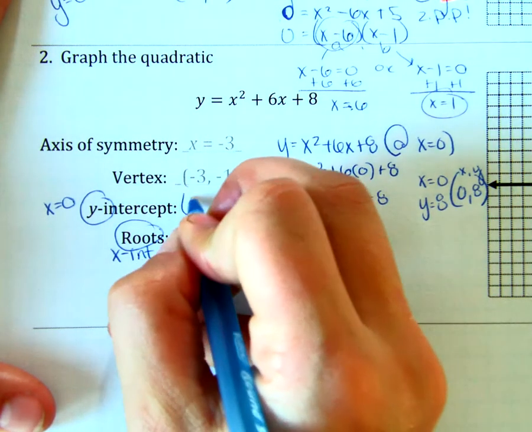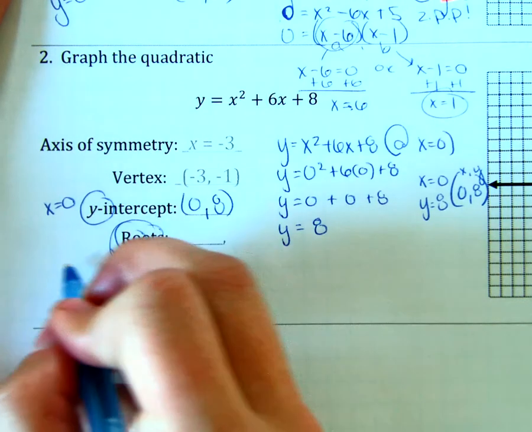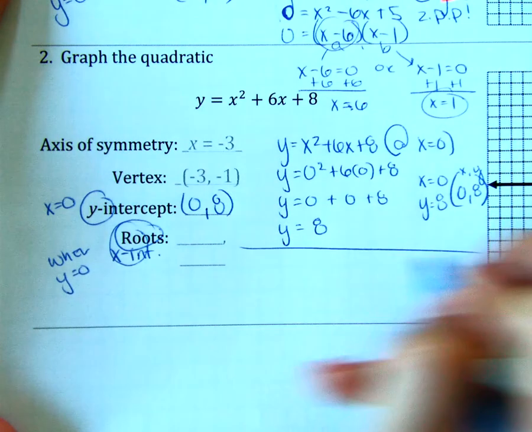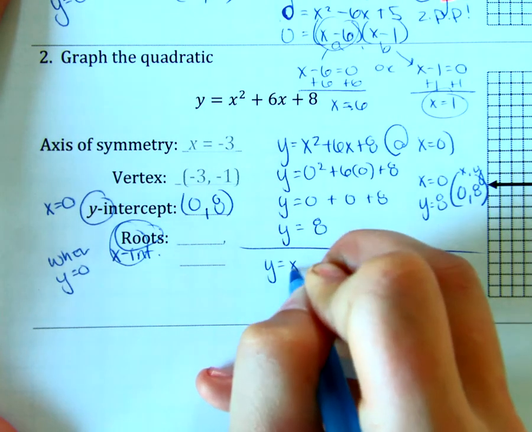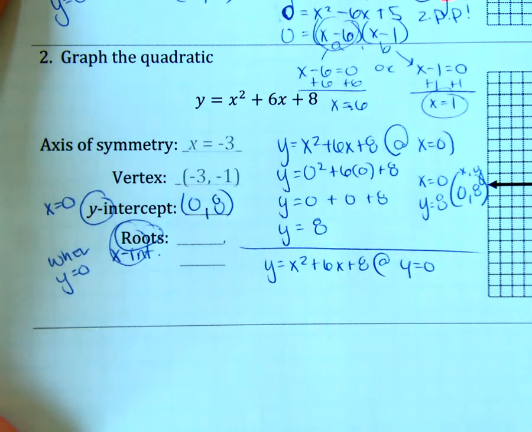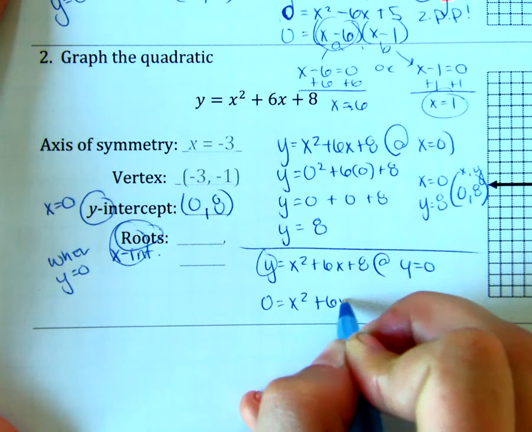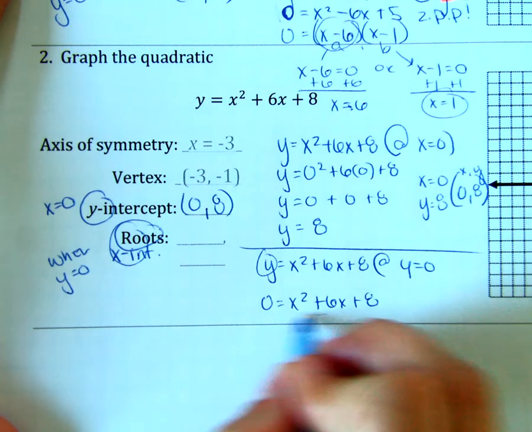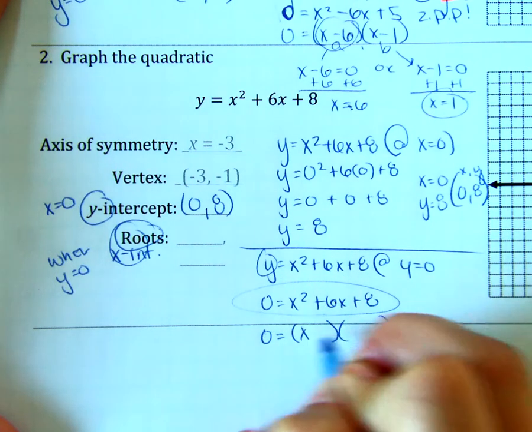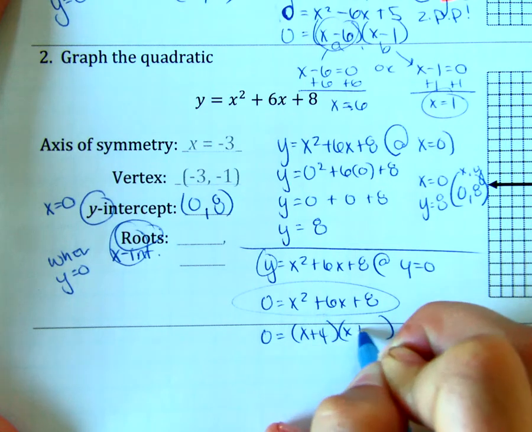All right. Roots are another word for x-intercept. They mean the same thing, and they happen when y equals 0. So y equals x squared plus 6x plus 8 at y equals 0. Substitute 0 in for y. Again, this is a quadratic set equal to 0, so I can use the zero product property. And this factors into x plus 4, x plus 2.